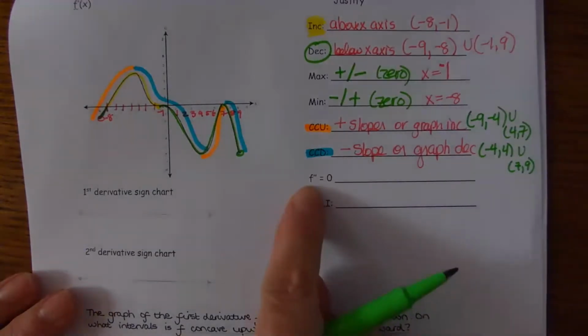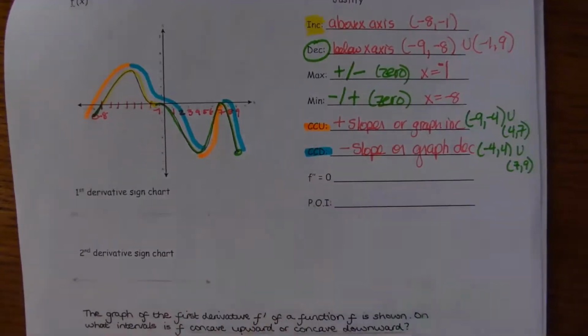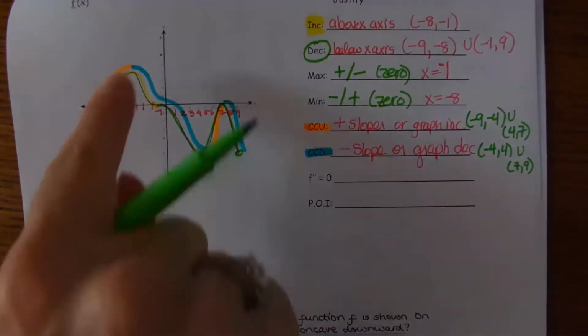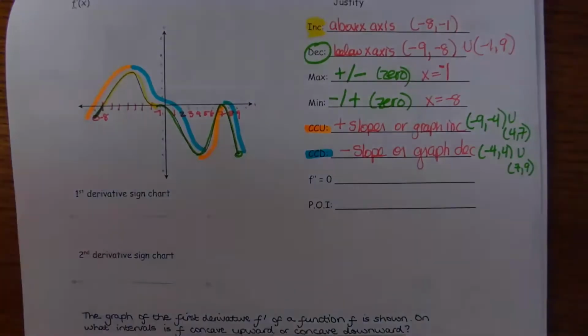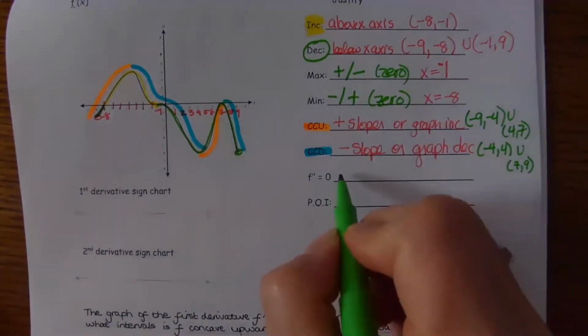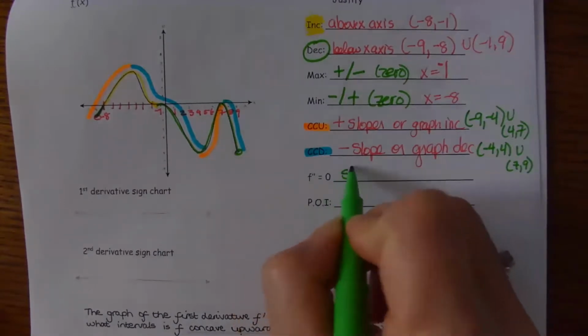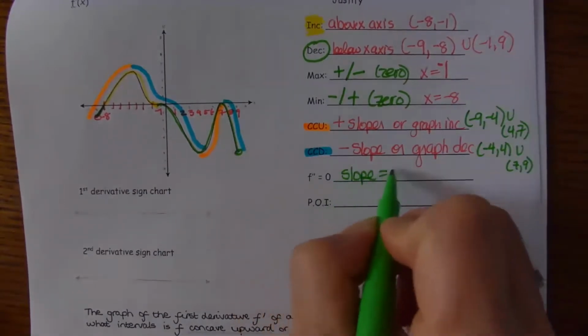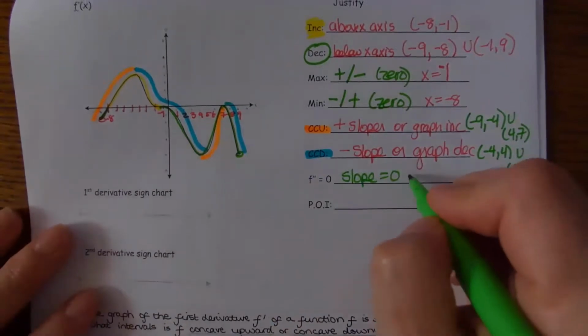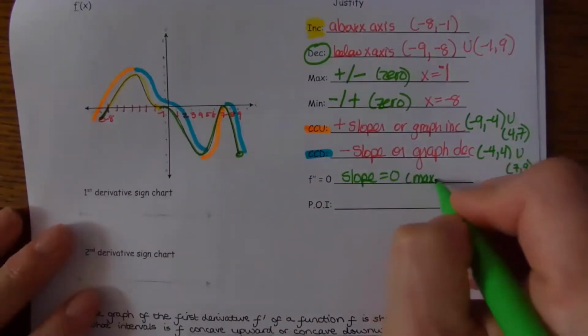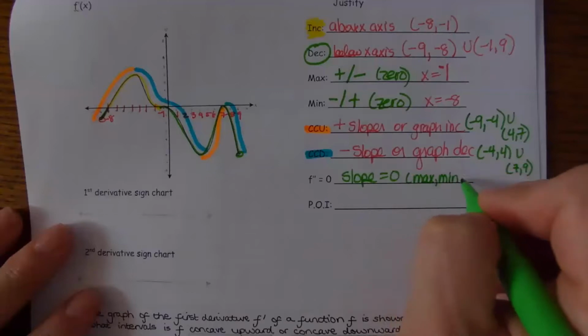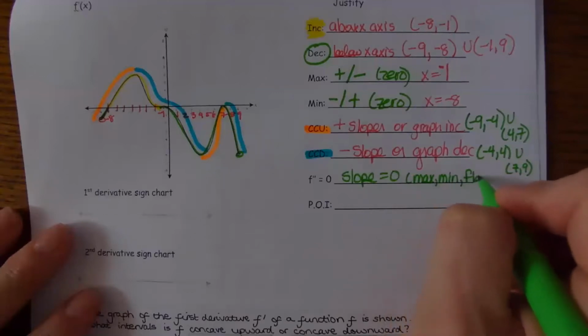Okay. Where does f prime prime, that means where does the second derivative equal 0? Well, this is a derivative, so if we look at its derivative, that's the second derivative. So this would be slope equals 0. So that's maxes, mins, or flat.